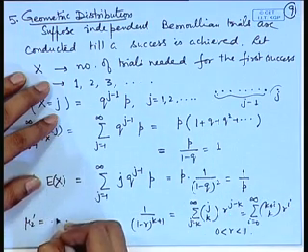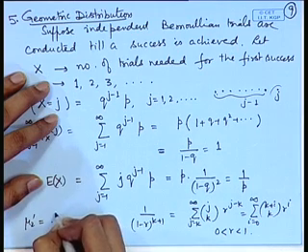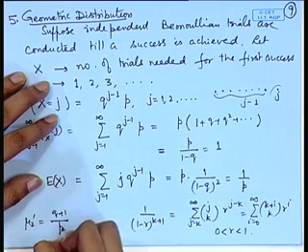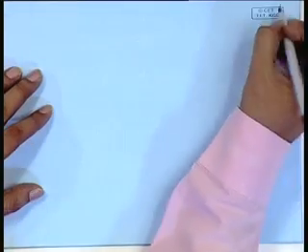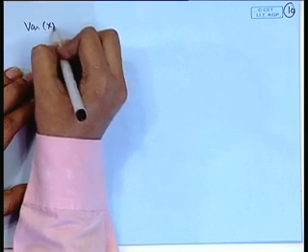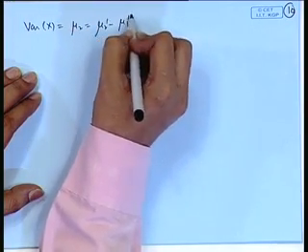So, using this we may write other terms, that is, mu 2 prime turns out to be (q plus 1) by p square, and therefore we may calculate the variance of x, that is mu 2, which is mu 2 prime minus mu 1 prime square.